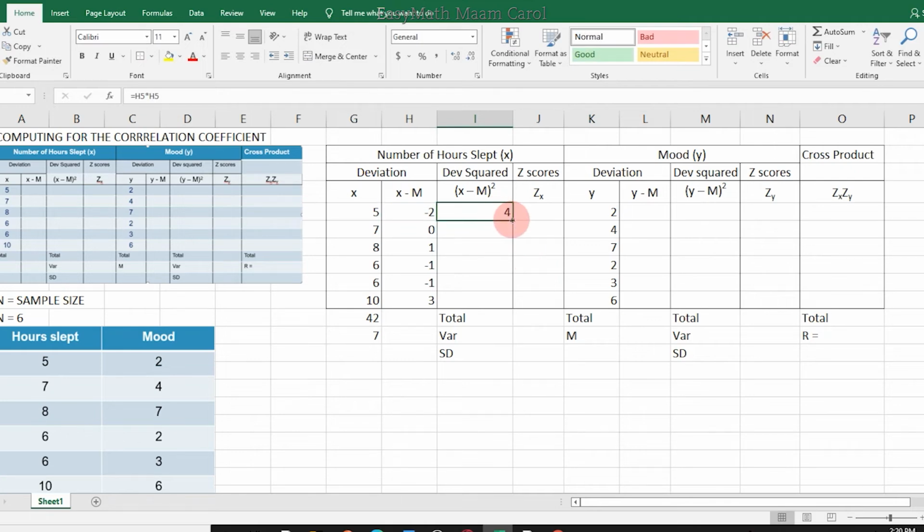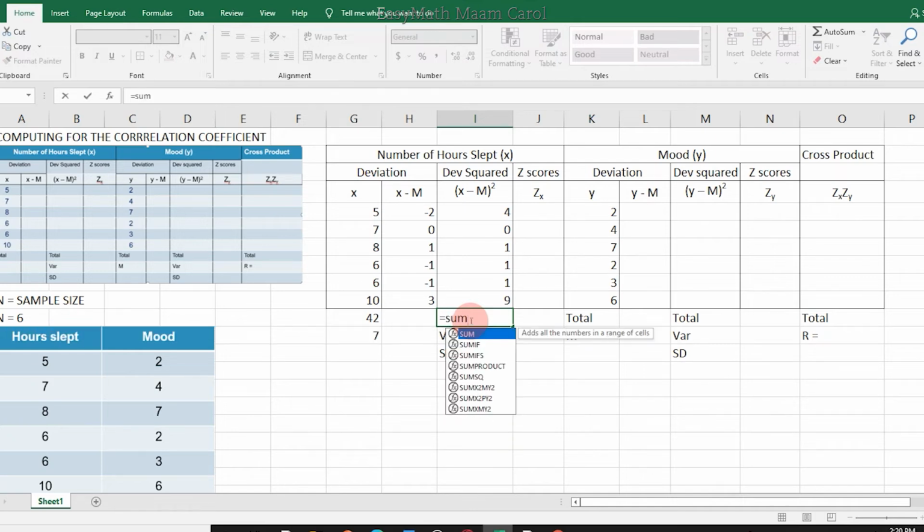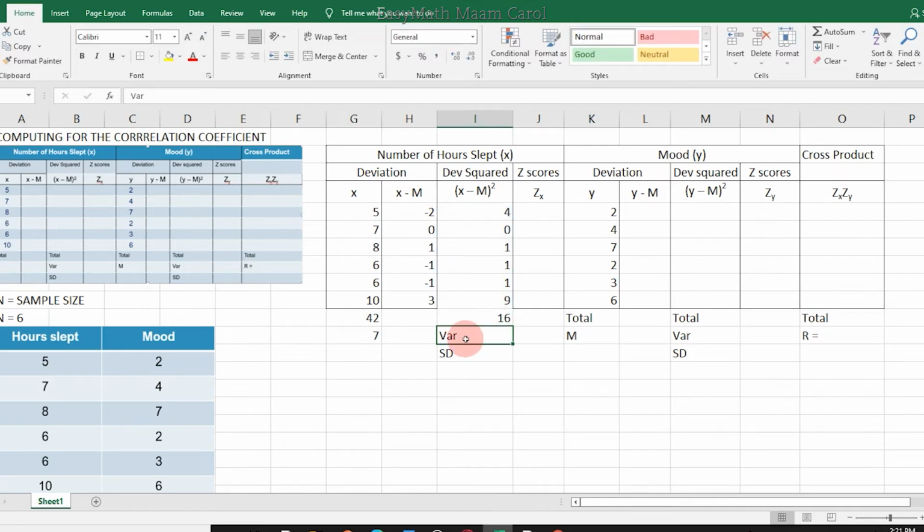Then you can just drag again to get all the values quickly. Now this one is the total, so just use the formula sum, open parenthesis, highlight the data, close parenthesis, and then enter.